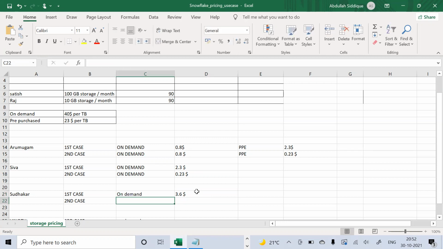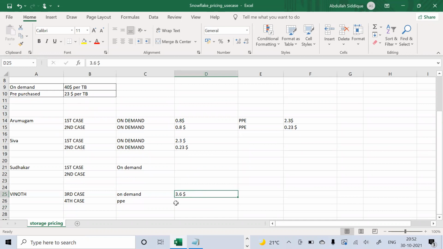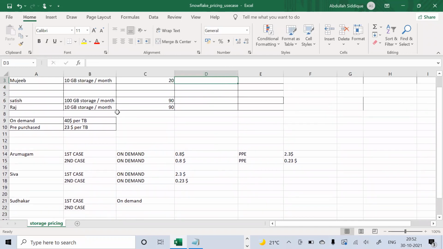Okay. And what did you choose for the second case? Pre-purchase. Yeah, 2.07 for the second, 0.09 into 23.